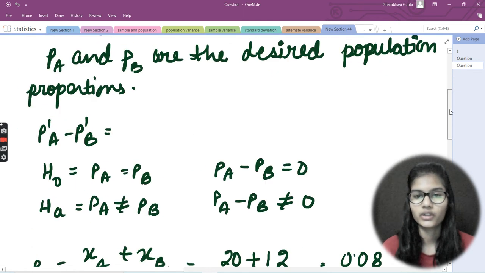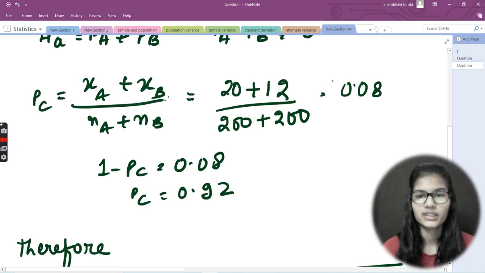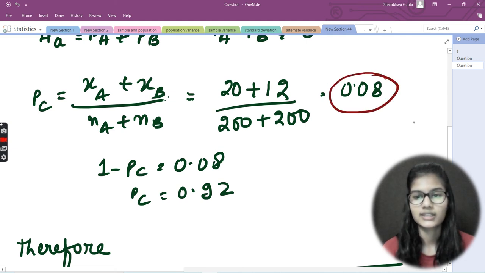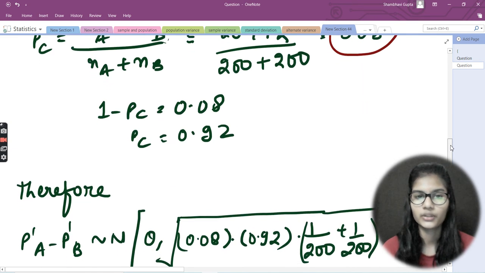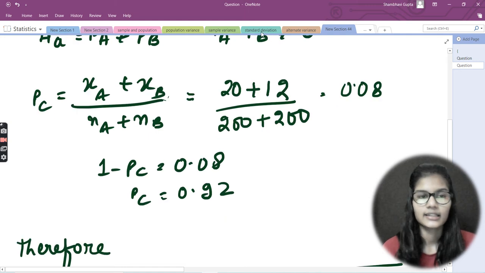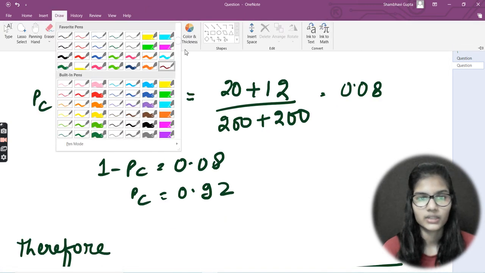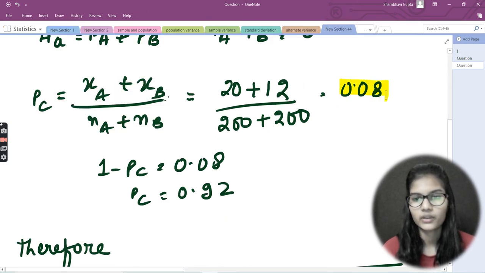These were the things we were already given. So I just put those things here and find this particular answer, that is 0.08, right? Yeah, we had found this answer, that is 0.08.